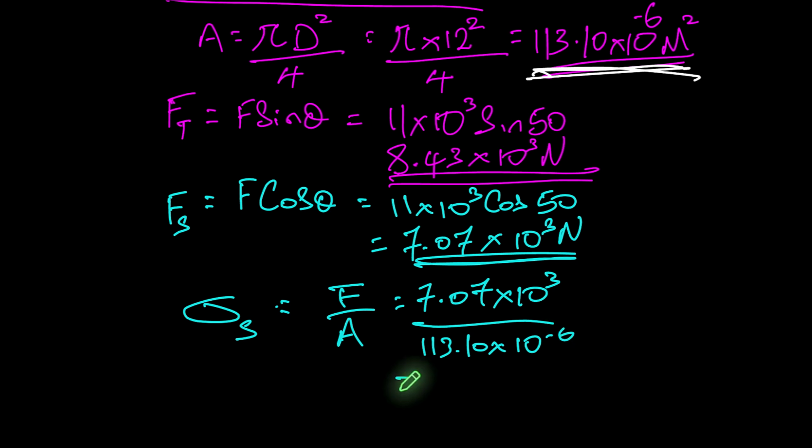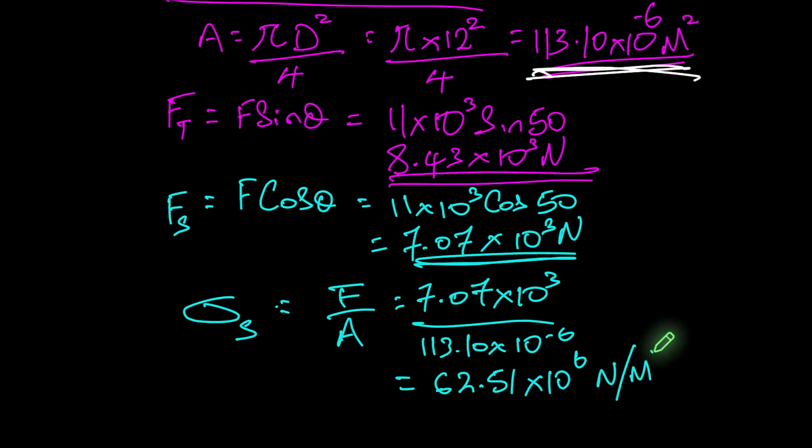And our shear stress now is going to be 62.51, and I'm just going to write this as times 10 to the power of 6, or you could have just written it as mega newton per meter square. So since this is times 10 to the power of 6, it's just newtons per meter squared.